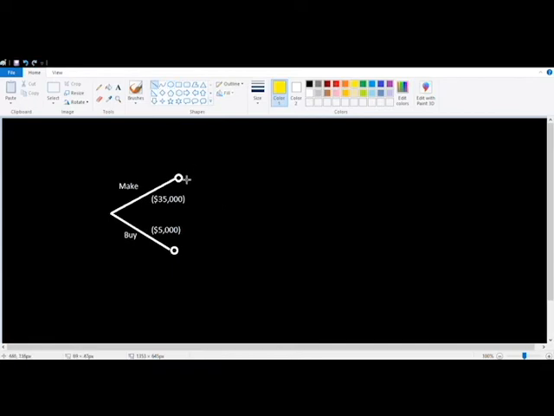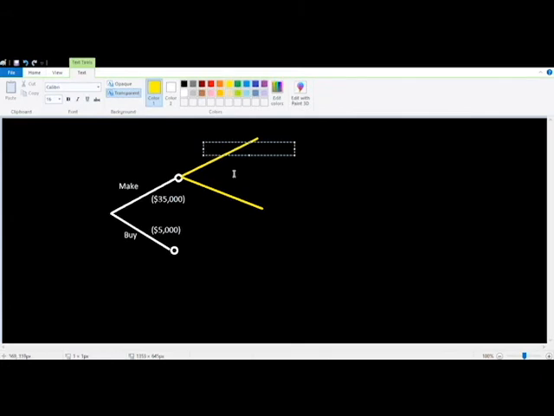And let's label them. So good demand versus poor demand. And we already know that this is 70% of the time.